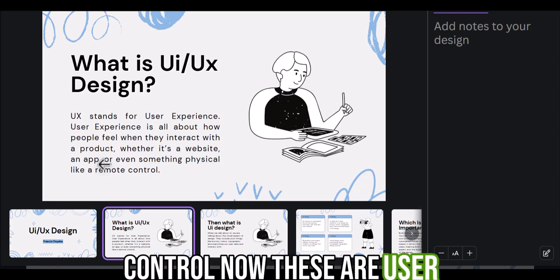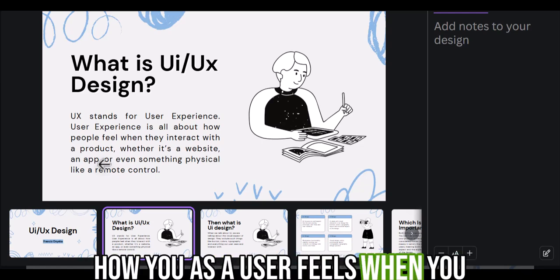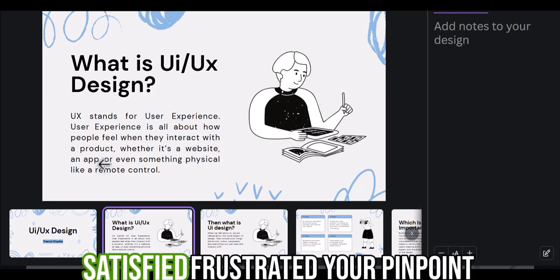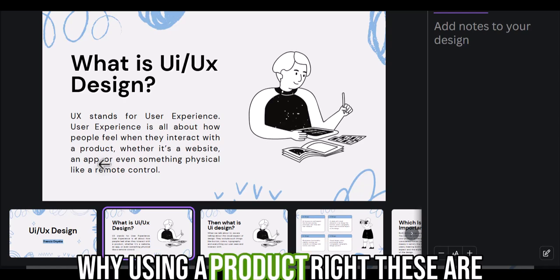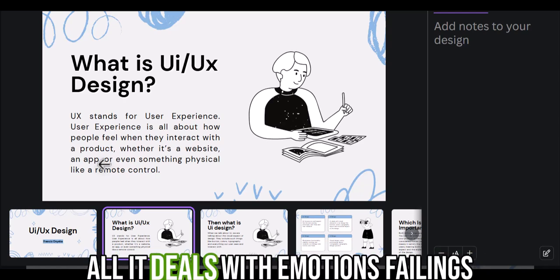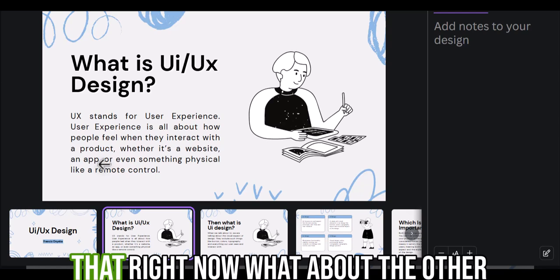User experience means how you as a user feel when you use a particular product, whether you are satisfied or frustrated, your pain points while using it. It deals with emotions, feelings, frustrations, and pain points.